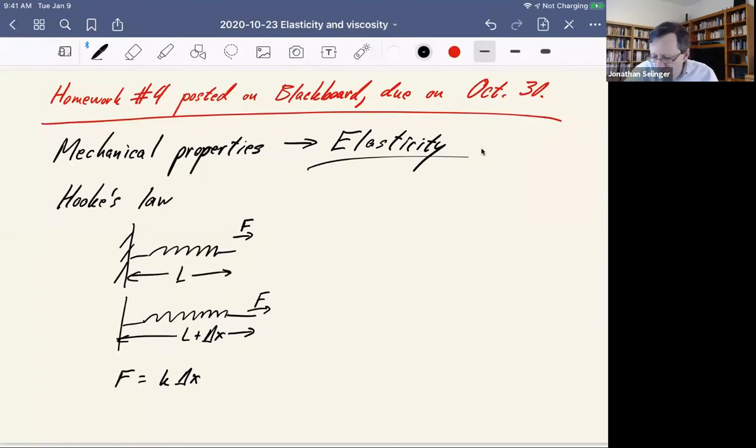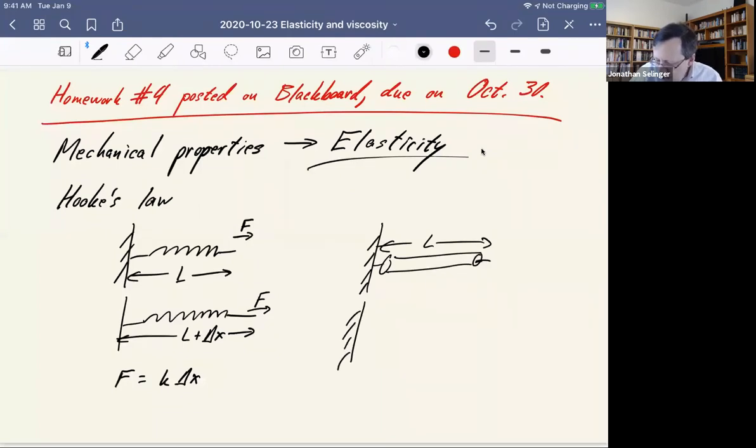Now, of course, this is all true not just for springs, but for blocks of material, right? So suppose you have some block of rubber, okay? Here, this is meant to be like a cylinder of rubber with an initial length L. And then if you apply a force, it stretches to be a little bit longer than it was originally under the force.